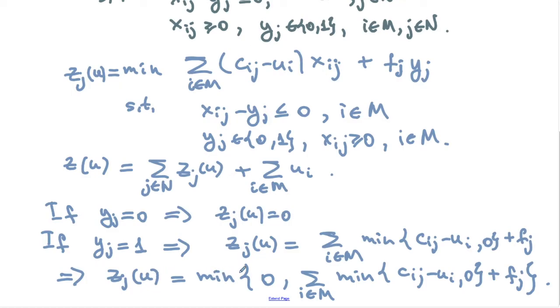So we solve this subproblem for every j, and then we'll obtain Z of u from this expression right here.